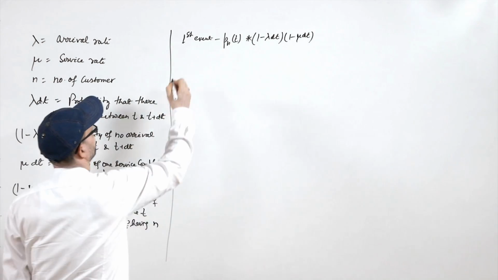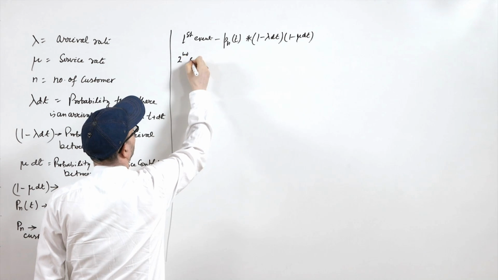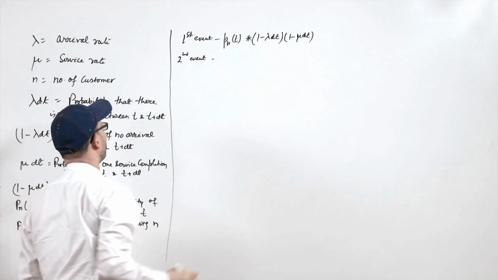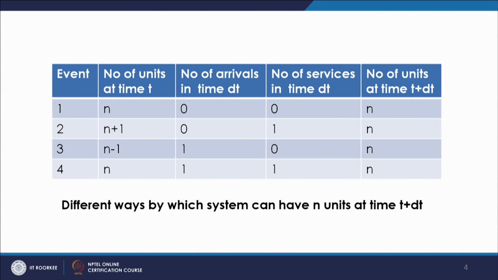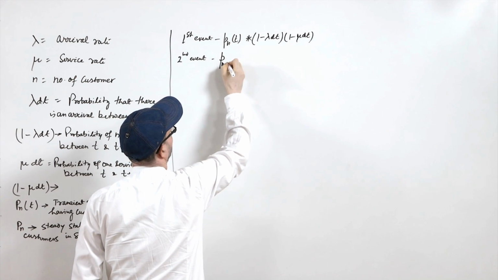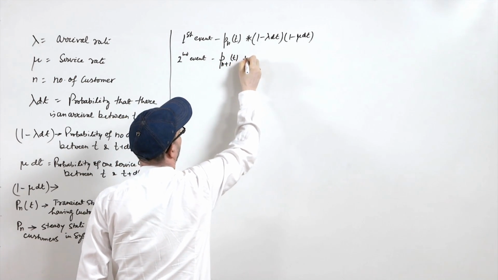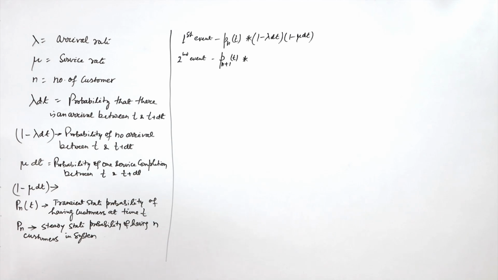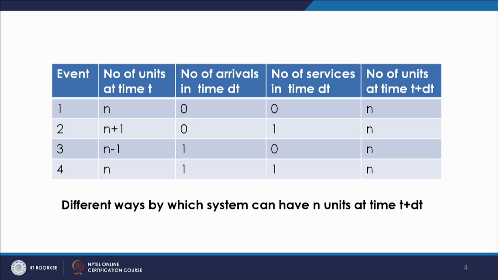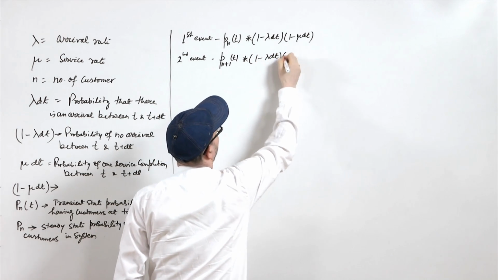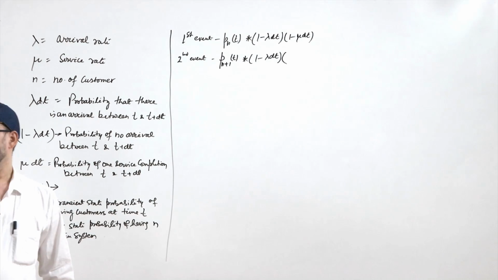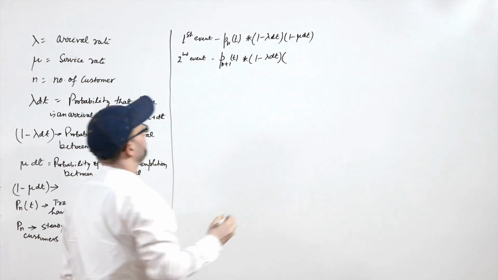Similarly, the probability of the second event. The second event will be the probability of having n plus 1 customers at time t, so it will be p n plus 1 t, multiplied by 0 arrival and 1 departure. So, 0 arrival is 1 minus lambda dt and you have 1 departure, so it will be mu dt.